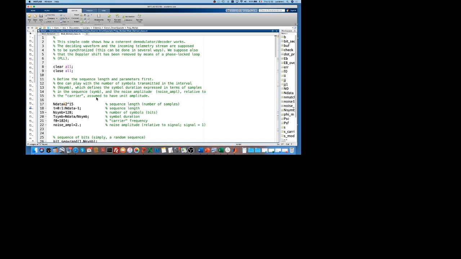It should be magnified because otherwise you won't see anything. Just a moment of patience.